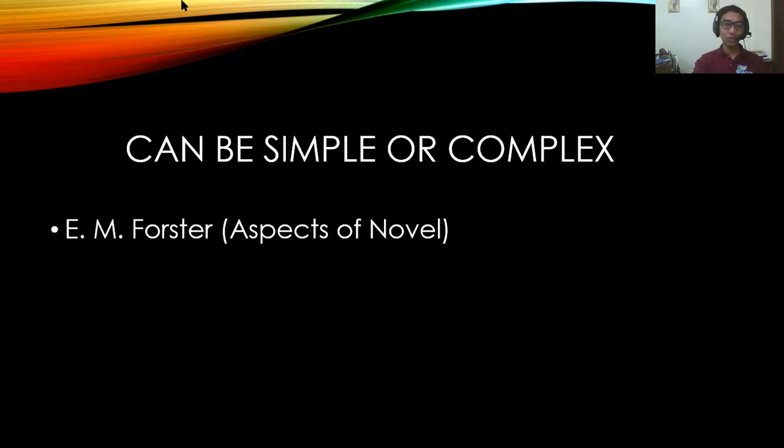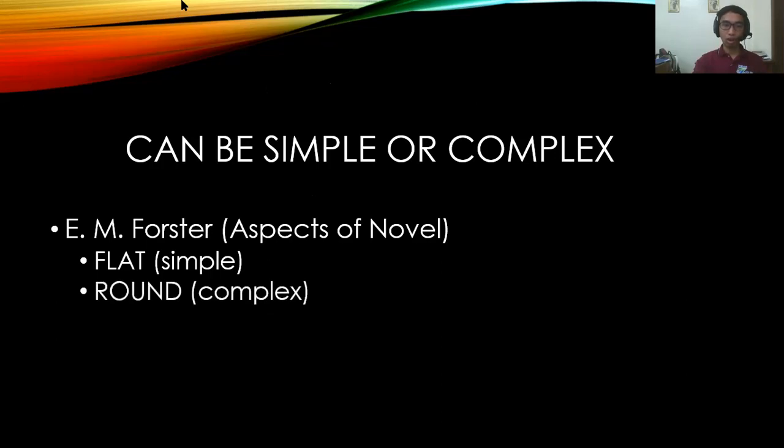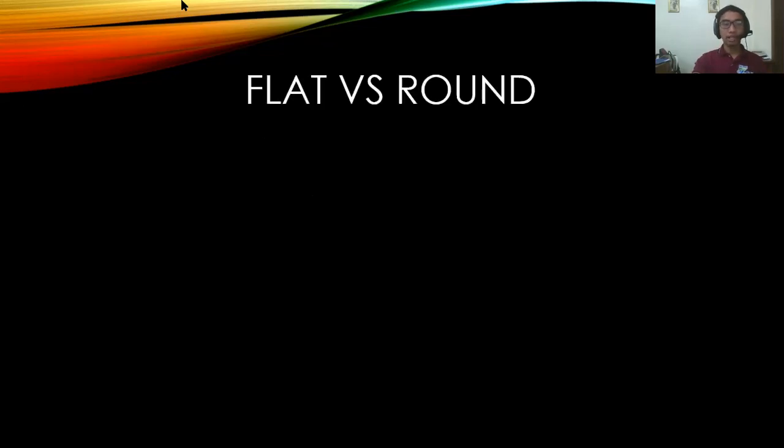Characters also can be simple or complex. In E.M. Forster's Aspects of the Novel, we have flat characters, or simple, and round characters, or complex. Let's now proceed to the difference between the flat character and the round character.